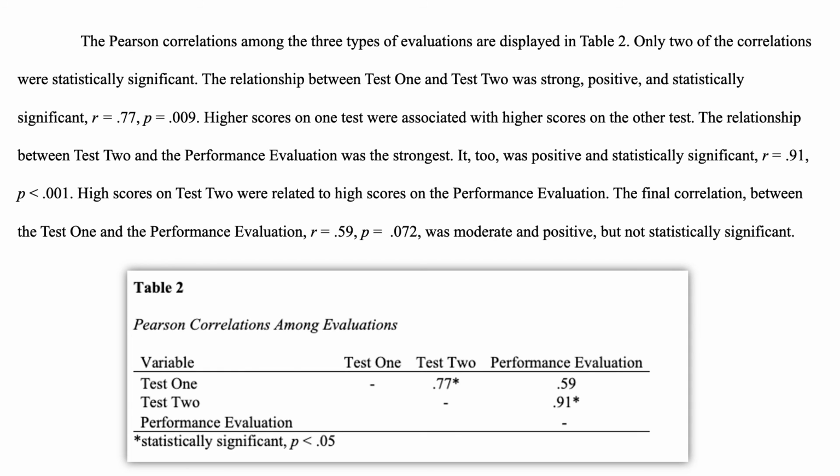Please note these statistical statements that are placed in the narrative. These are critical. This is the formal way to say what the correlations were, and they are really, really important. Notice my table 2 is a matrix. It's shaped like a triangle.